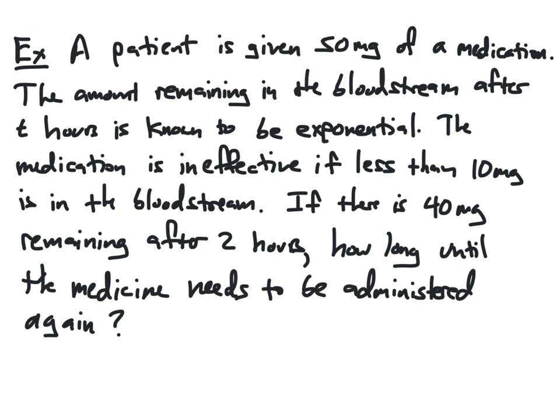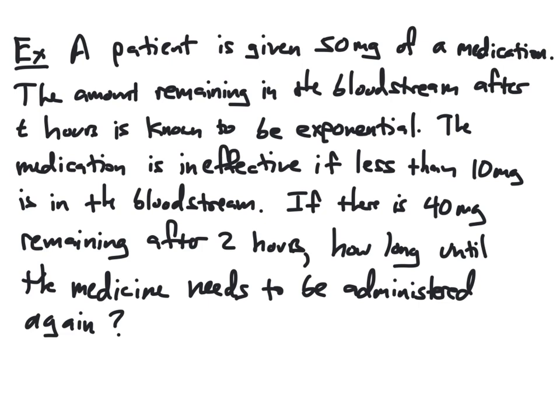So if there is 40 milligrams remaining after 2 hours, we'd like to know how long it will be until the medicine needs to be administered again. In other words, we want to know when the amount of medicine in the bloodstream will be 10 milligrams. At that point, since the medication is ineffective for less dosage, we would need to re-administer this particular medicine.